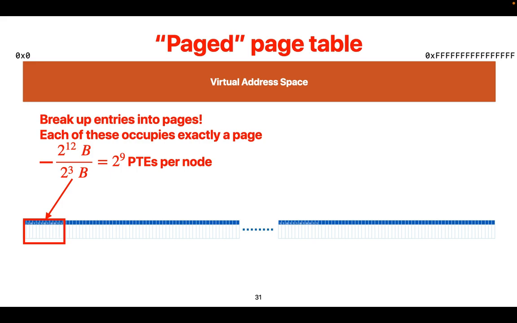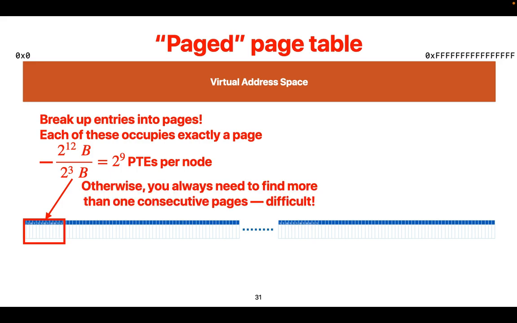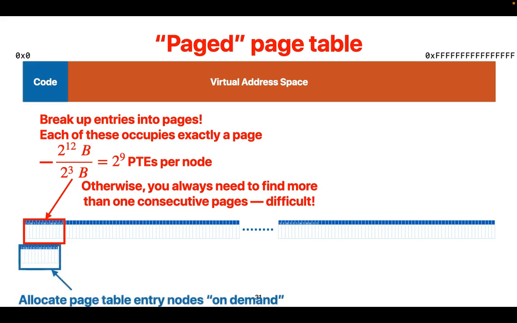So each leaf node in your page table now is storing 512 entries. So what happens is that if I have a code section, then I allocate page table entries that contain the translation of the code section on demand.